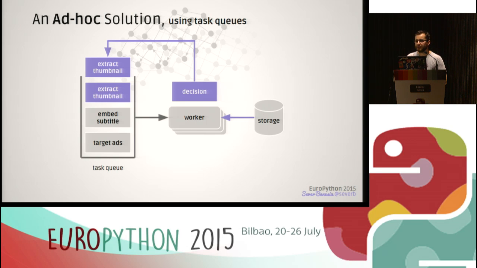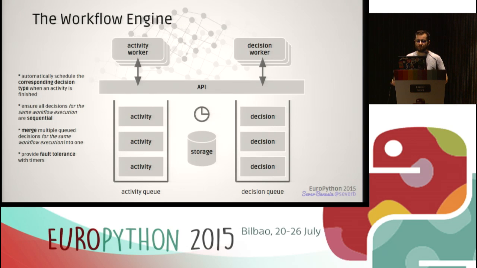So this is not a perfect solution. So in order to improve this even more, we need to have the queues managed in a way that all the decisions for a particular workflow execution will happen in sequence. And for this, we introduce another layer that will ensure this.